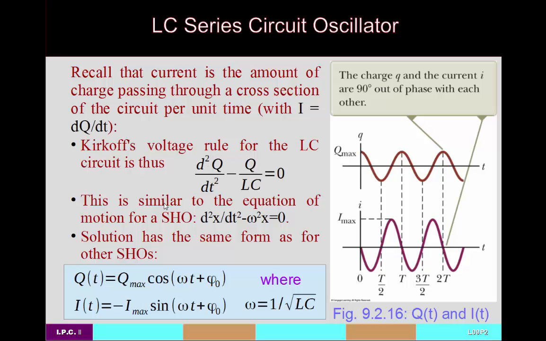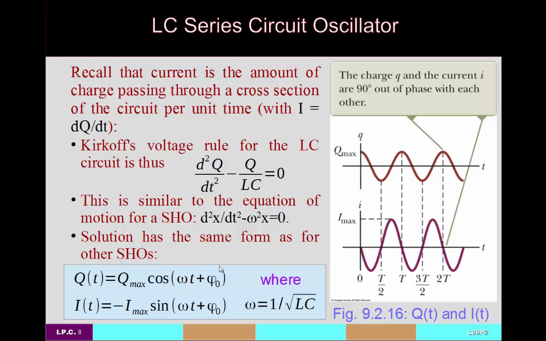So if this equation has the exact same form as the equation for a simple harmonic oscillator, but replacing a displacement with a charge, and everything else is exactly the same, then that means that the solution has to have the exact same form. So the solution for this equation is Q of t equals Q max cosine omega t plus some phase.